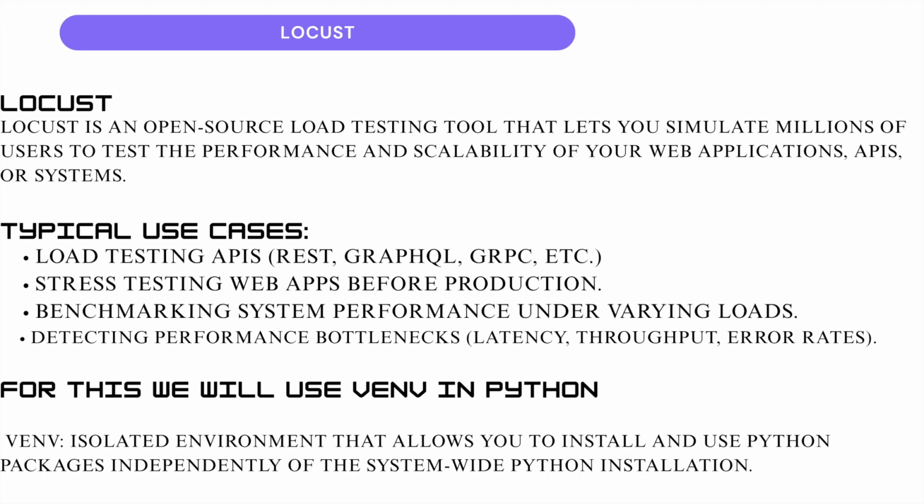Typical use cases include load testing of APIs. It can be REST, GraphQL, gRPC, etc. We can do stress testing of web applications before going to production, or whenever we have done major releases, we can check periodically how many users and how much load it can take. Then we can benchmark the system performance across various loads, and we can also determine bottlenecks.